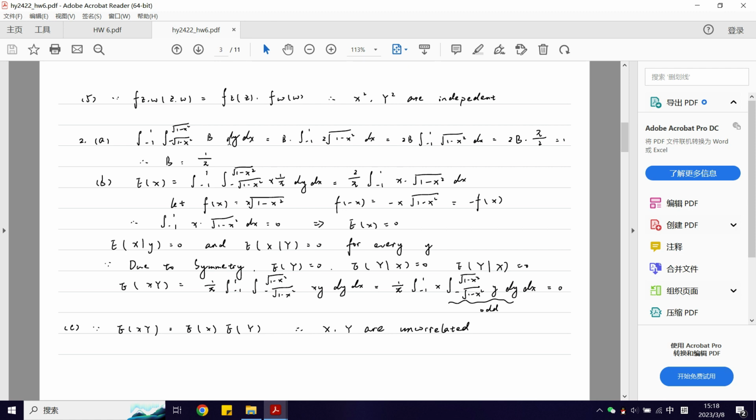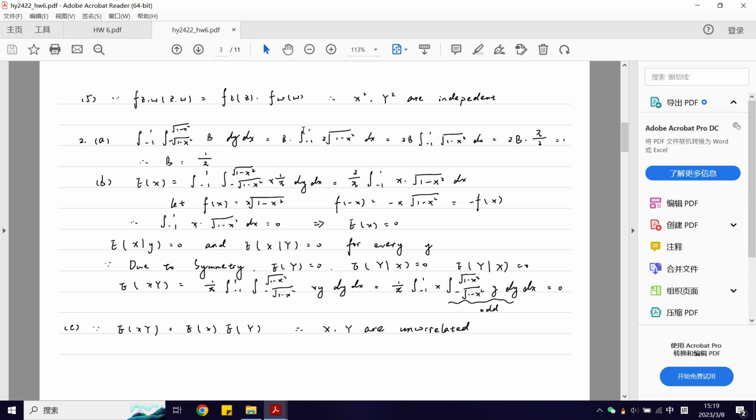And since we can see the domain is the unit circle, which means if x ranges from -1 to 1, the range of y should be negative square root of 1 minus x squared to square root of 1 minus x squared.